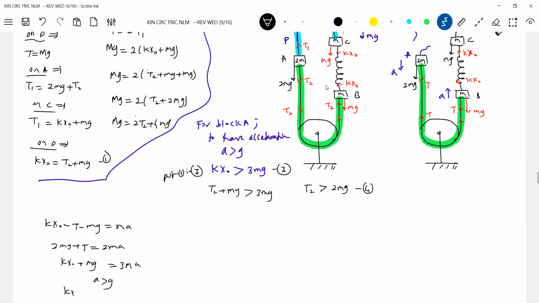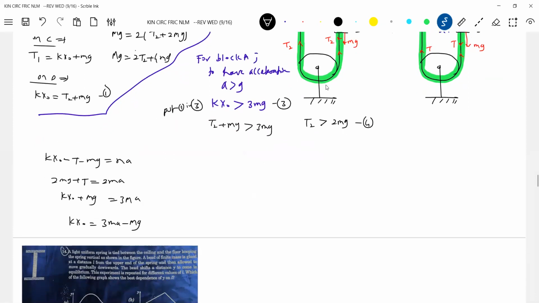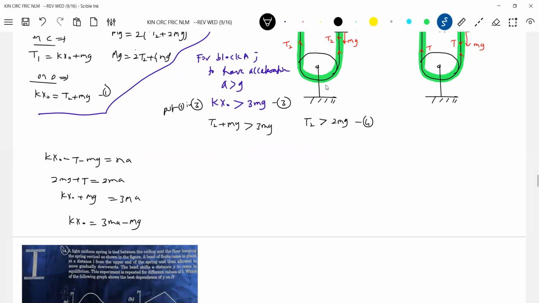Okay, let's see. I'll write it: Kx naught equal to 3 ma minus mg. So A should be greater than g, greater than or equal will make it. So at the most, Kx naught will be greater than 2 mg, we will get it.